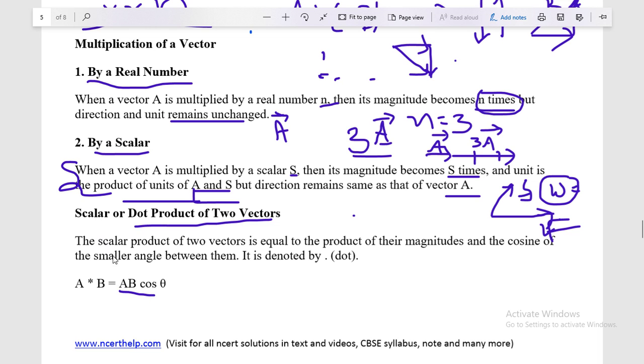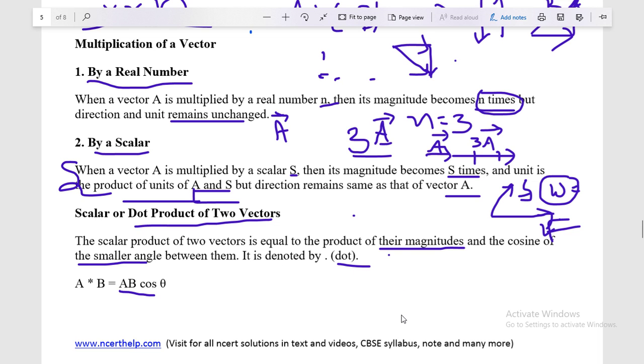The statement: the scalar product of two vectors is equal to the product of their magnitudes and the cosine of the smaller angle between them. It is denoted by dot. Let me repeat the statement: the scalar product of two vectors is equal to the product of their magnitudes and cosine of the smaller angle between them, and it is denoted by dot.